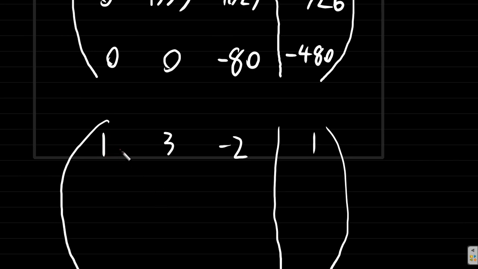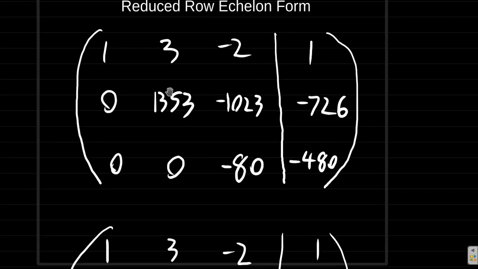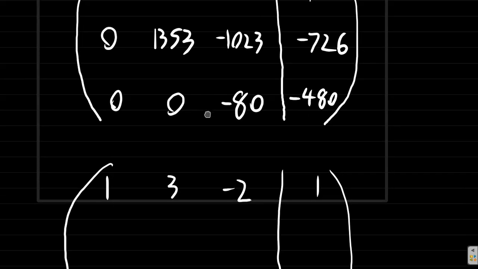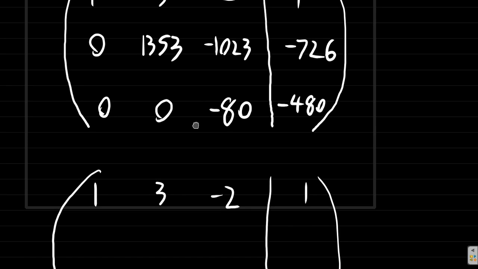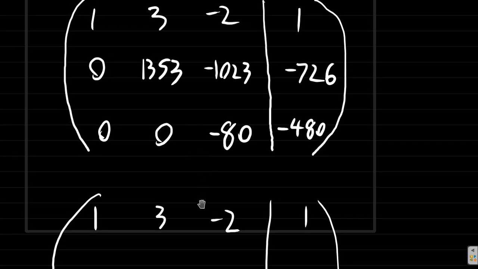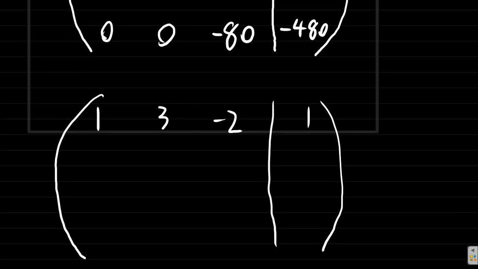We want a 1 under the 3 next, so we want to turn the 1353 into 1. What you would have to do is say row 2 divided by 1353 will lead us to our new row 2.